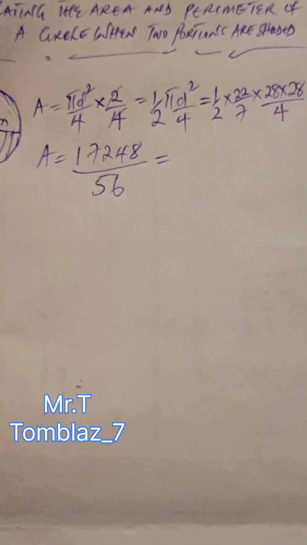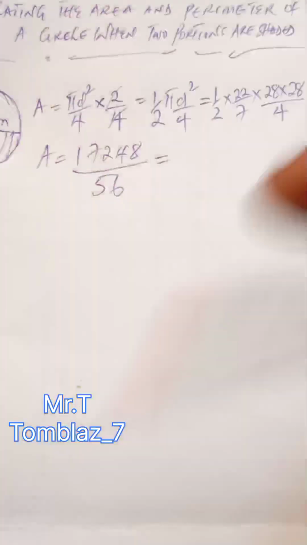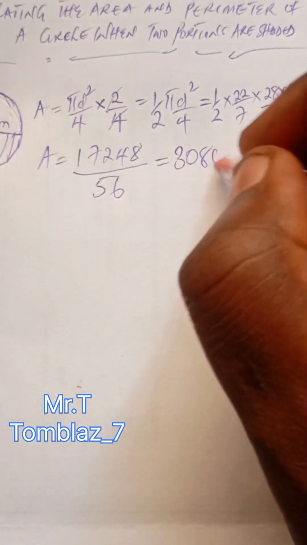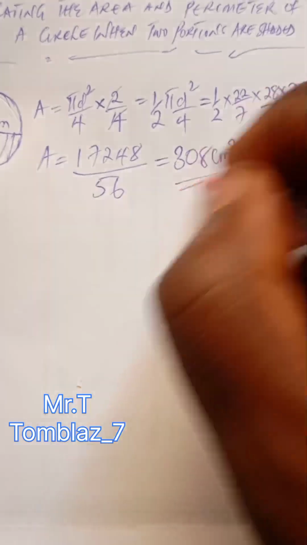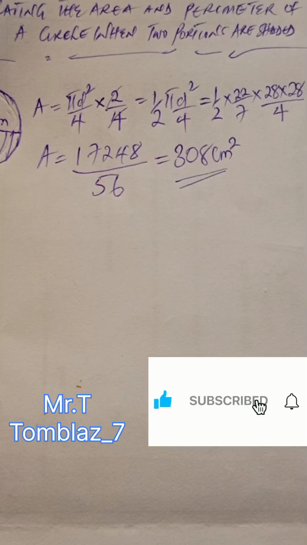Let's divide the numerator by the denominator: 17248 divided by 56 gives 308. Since this is area, it will be centimeter squared.